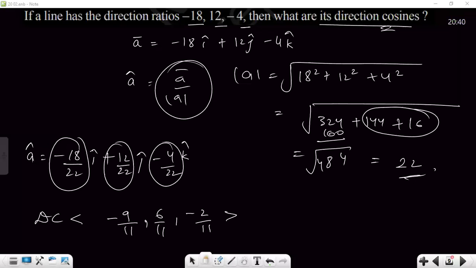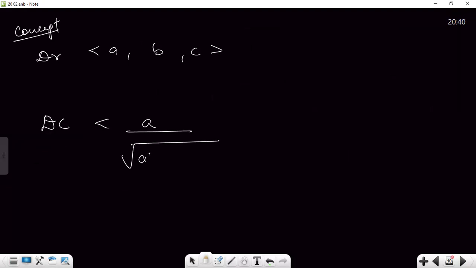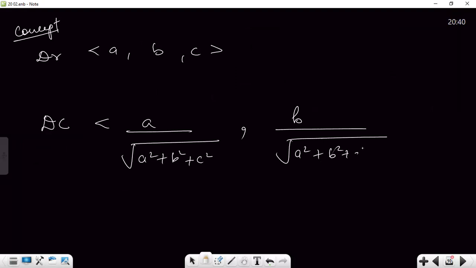So from this question, we can derive a concept: if the direction ratios are given to us as a, b, c, then the direction cosines will be a divided by the square root of a square plus b square plus c square, b divided by the same, and c divided by the same.